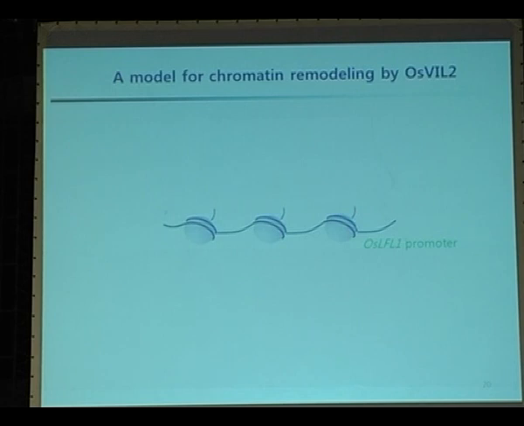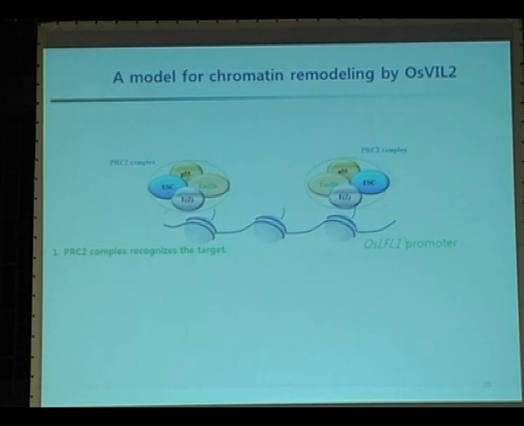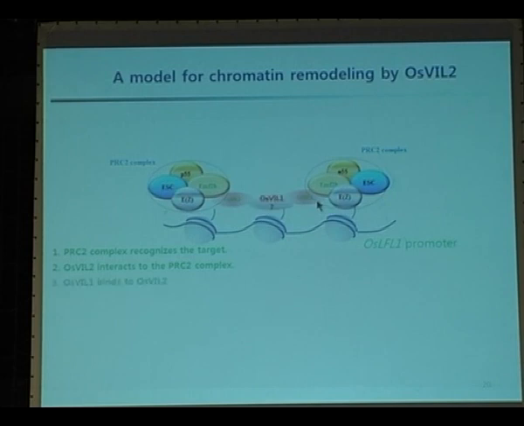So in order to do that, the first step will be that the PRC2 complex will recognize this element, E(Z), probably recognizing the histone core, and the next step will be BIL2. I told you BIL2 is not actually a member of this PRC2 core complex, but it will bind with EMF2B.